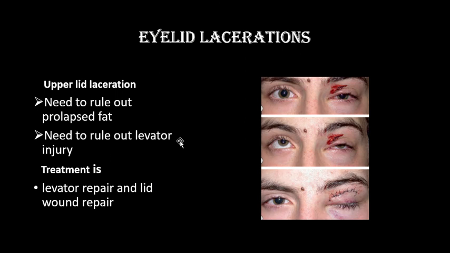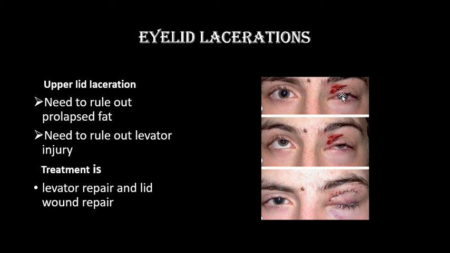Second is eyelid lacerations. Here we can see an upper lid laceration in this picture. When you see this kind of eyelid laceration, this is usually because of a sharp object. You need to rule out any prolapsed fat, because if the fat is prolapsed, it means the trauma is deep.